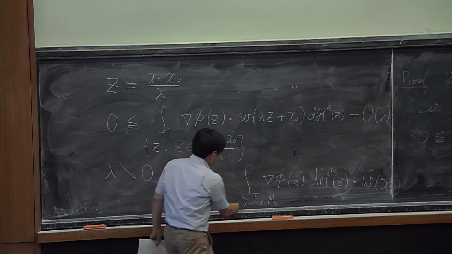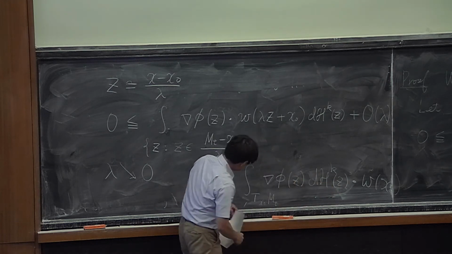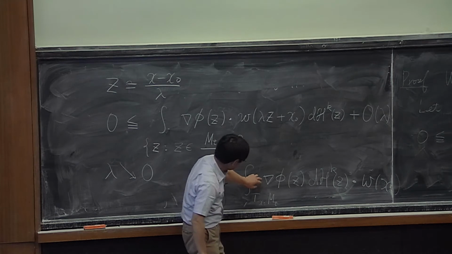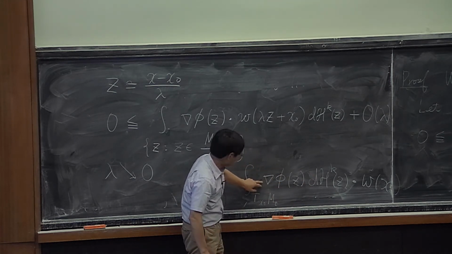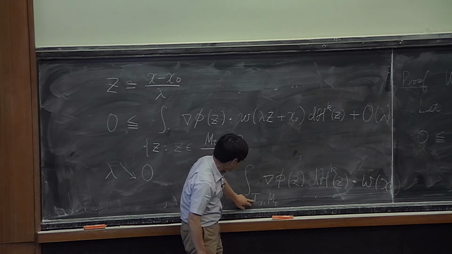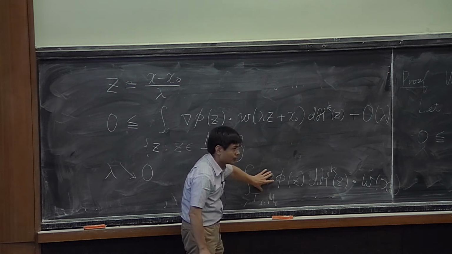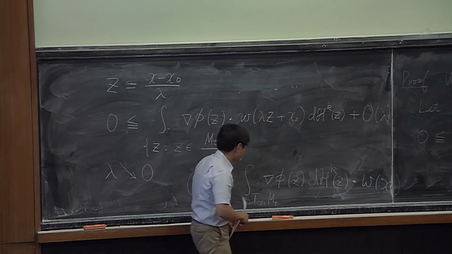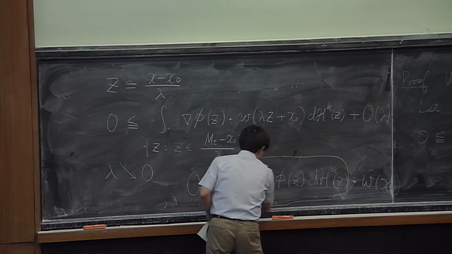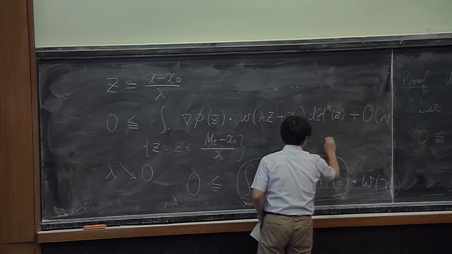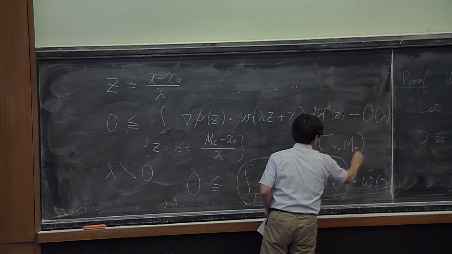Now, so now you see this guy. What is this guy? Notice that this is the integration of, so actually, this is a vector, of course, but for each component, notice that this is the integration over the tangent, so flat, place. So by the divergence theorem, you do integration by parts, and you can see that this vector field is in fact in the normal of this tangent space.